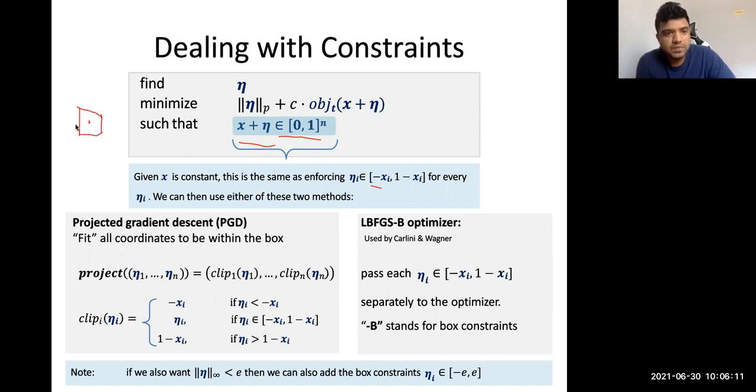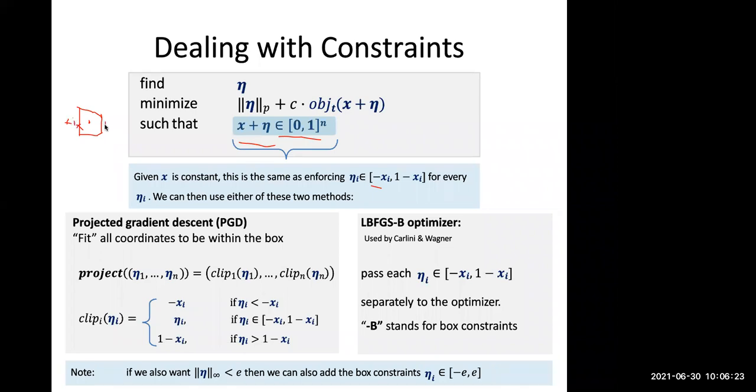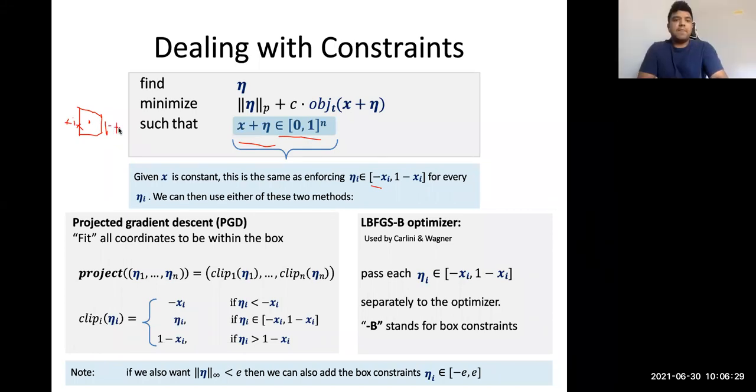Let's say this would be our x, this would be our negative xi, and this would be 1 minus xi. So two ends of the bound.